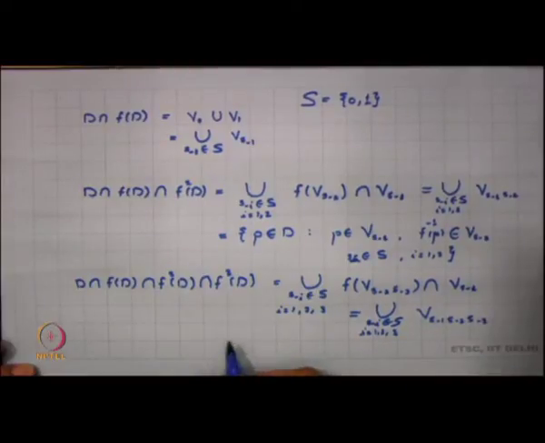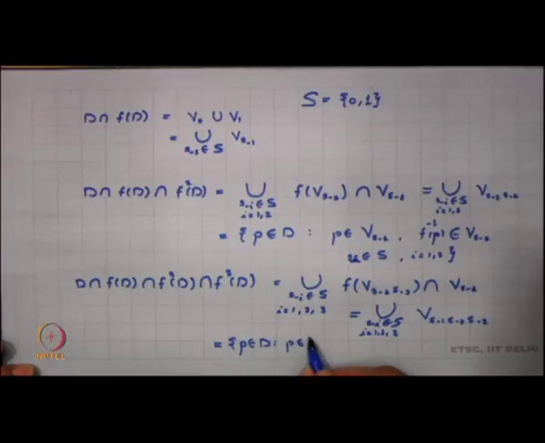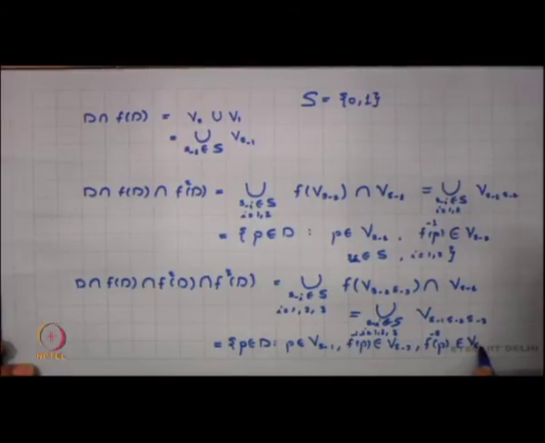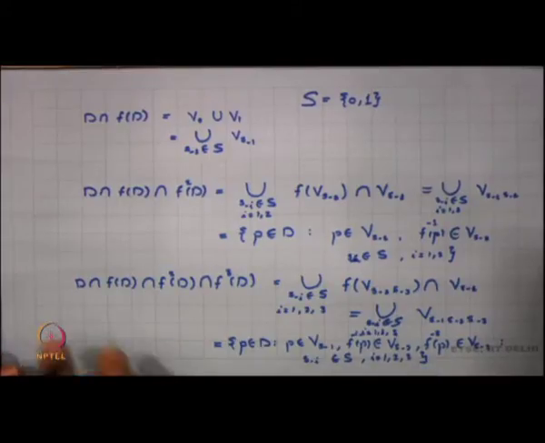If you look at what these points are, these are exactly those points P in D such that P belongs to V S minus 1, F inverse P belongs to V S minus 2, and F minus 2 of P belongs to V S minus 3, where again S minus I belongs to S and I is 1, 2, 3. So, I know that this set is of this particular form.